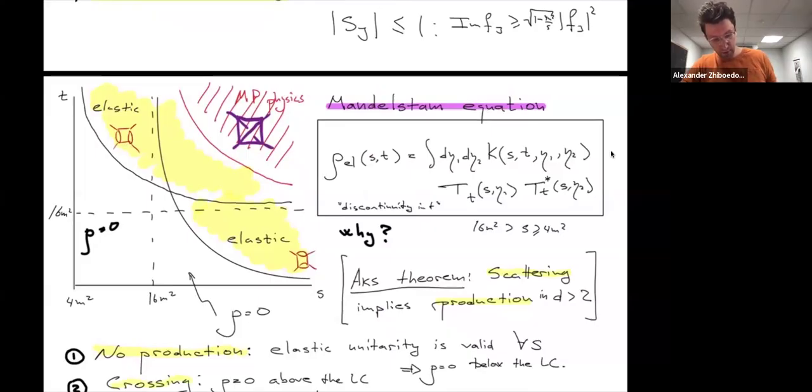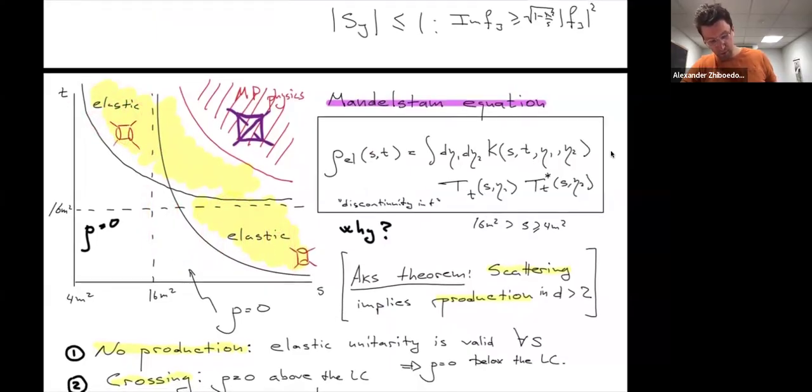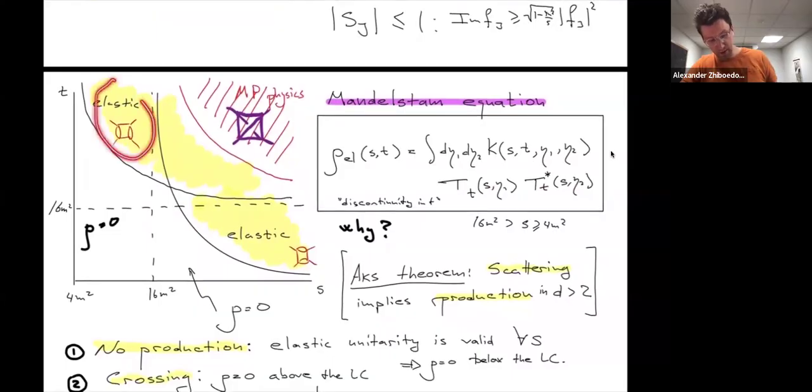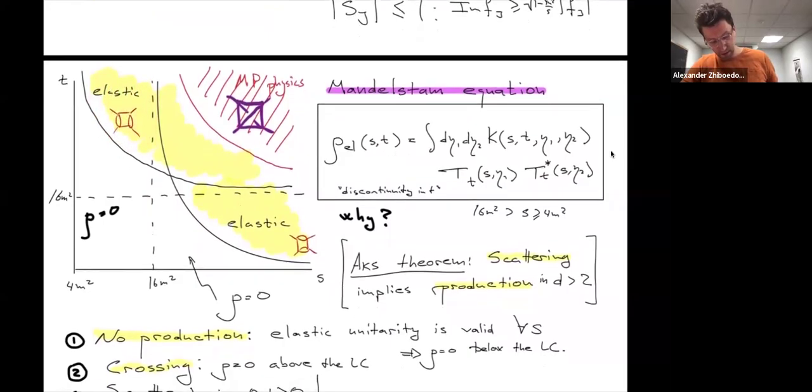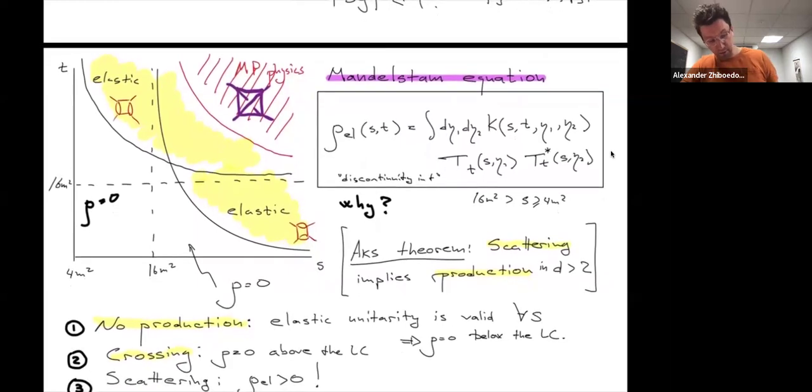And so this picture should be invariant under the flip of S and T channels, and it is. And if unitarity says that spectral density is 0 here, it has to be 0 here as well. So therefore, we conclude that in this elastic region where we expect this density to be generated, in fact, it's not. It is 0.